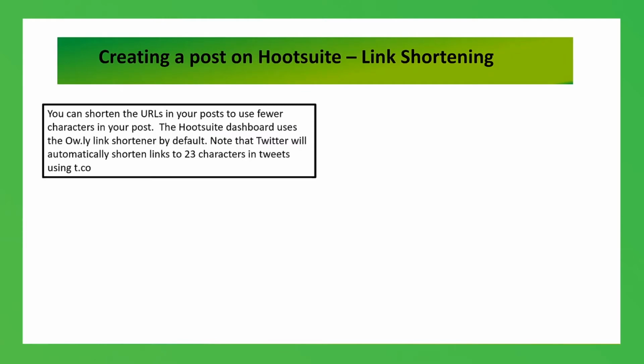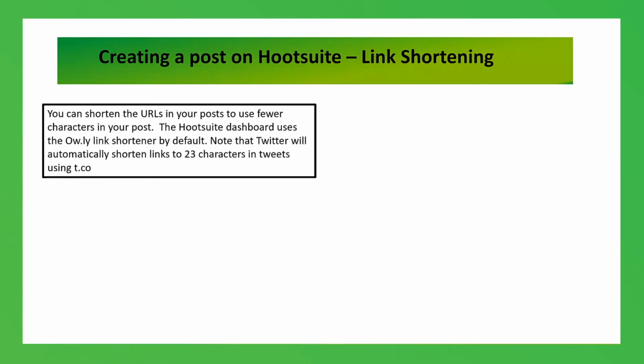So you can see it's the ow.ly link shortener by default. If you don't use the OWLY link shortener in Hootsuite, Twitter posts will automatically be shortened by Twitter to 23 characters using t.co. So if you see a tweet that's got t.co and then a URL after it and a load of numbers, that's Twitter's automatic shortener.